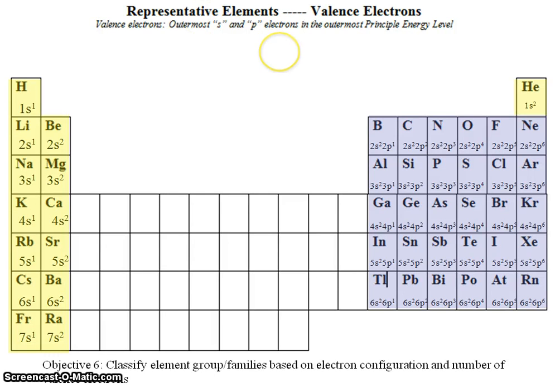This is where you're going to look to determine the number of valence electrons an element has. Valence electrons are defined as the outermost S and P electrons found in the outermost principal energy level.